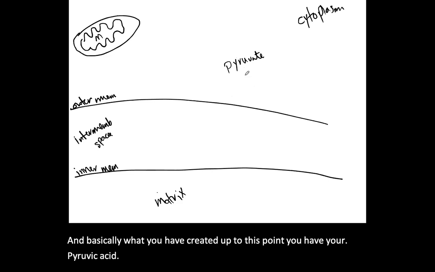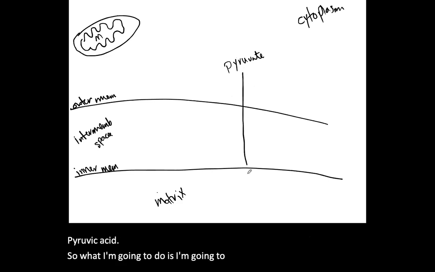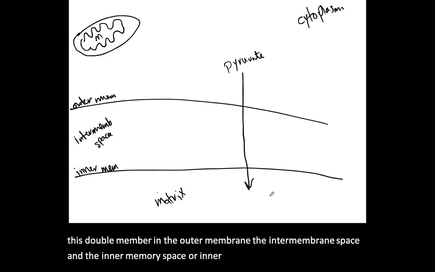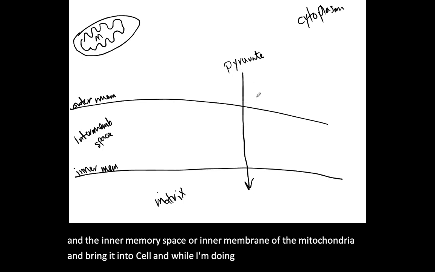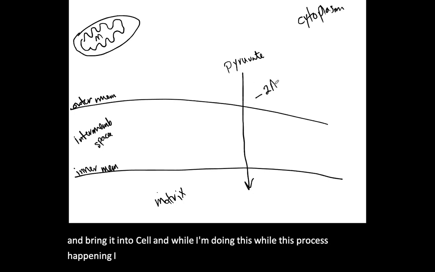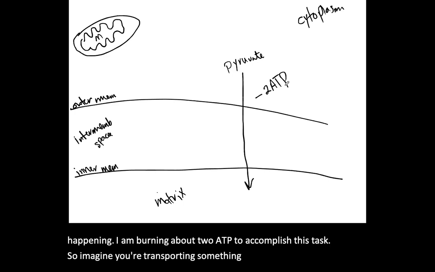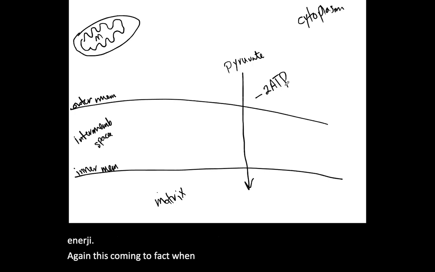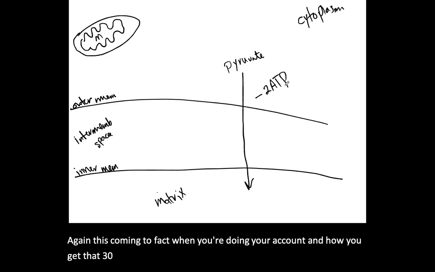So I'm going to transfer this pyruvate through this double membrane, the outer membrane, the intermembrane space, and the inner membrane of the mitochondria, and bring it into the matrix. And while this process is happening, I am burning about 2 ATP to accomplish this task. Imagine you're transporting something, you're going to use some energy. Again, this comes into play when you're doing your count and how you get that 36 ATP that we discussed from one glucose molecule. That's where that comes from.